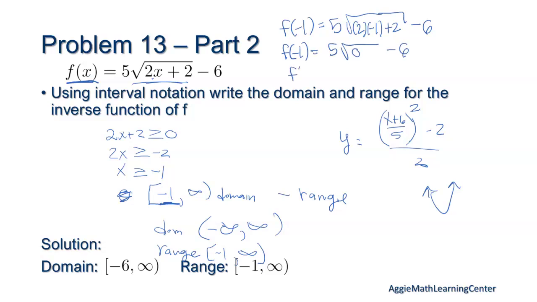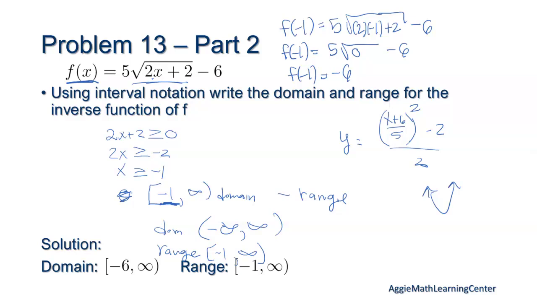So f of -1 has to be equal to -6. I just said that -1 is the absolutely smallest input that I'm allowed to put into my function. That means the outputs of my function either have to grow eternally from here, or the function is wavy, going up and down, or shrink eternally. But this is one of the endpoints of my range.